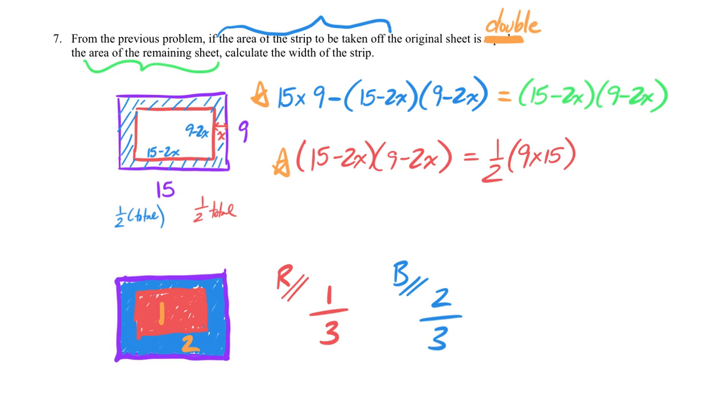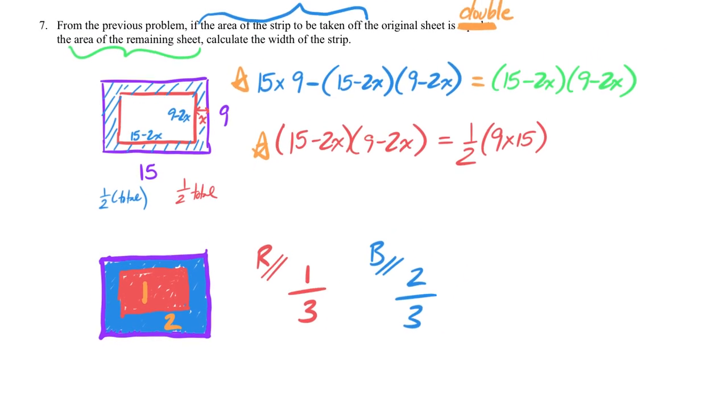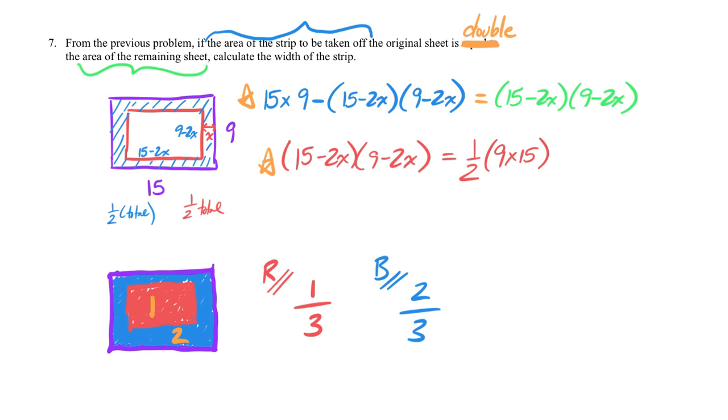So I'm going to build an equation for both of those. Let's say I looked at it, for the easiest one. If I look at that original question, if the area of the strip to be taken off is now double the area of the remaining sheet, then I know that the red, the part that I have on the inside, that part I can calculate my area for really fast. 15 minus 2x times 9 minus 2x, length times width.